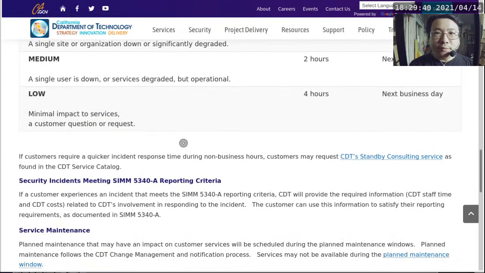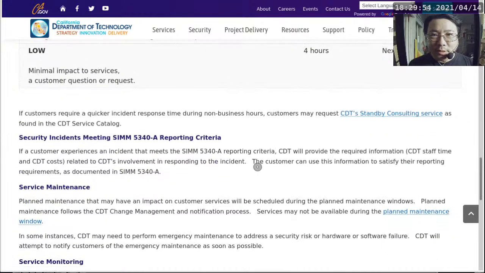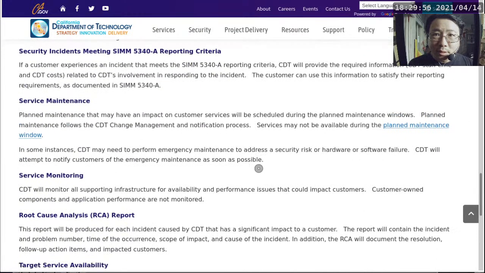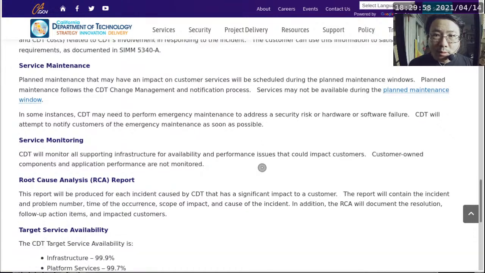Because when you have something that has a low velocity or low importance, it doesn't mean it doesn't get done. It simply means it gets done in time. There's not a whole lot of guarantee of when it is going to be done. All right, so this might need a little bit more digging.